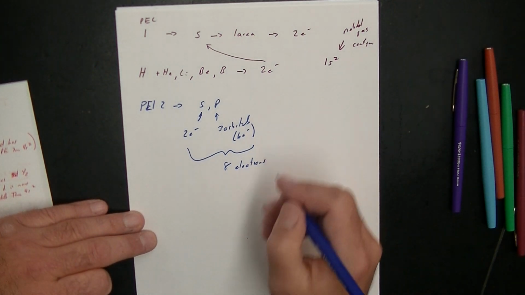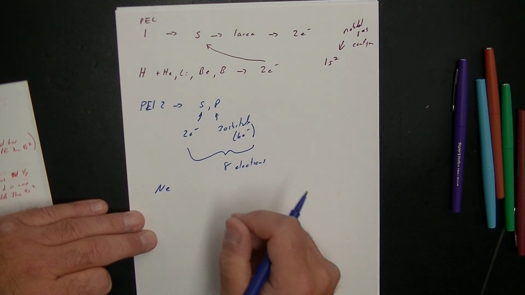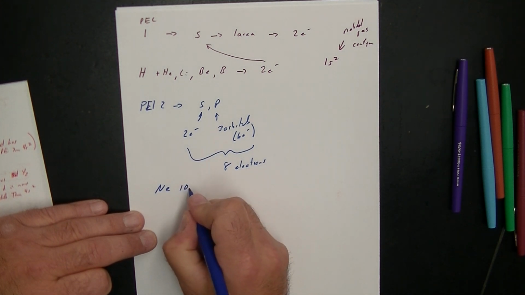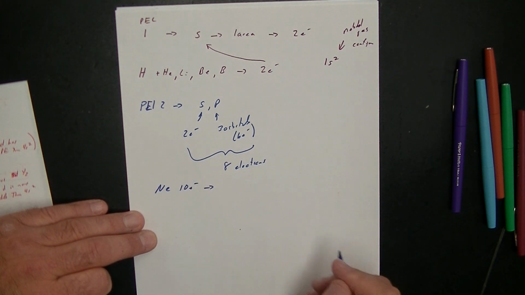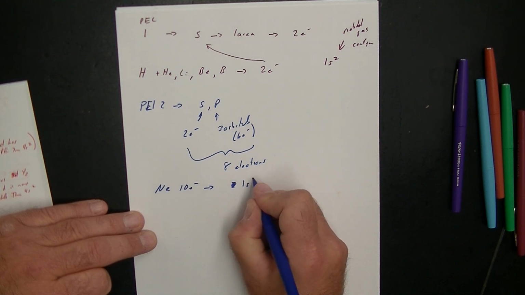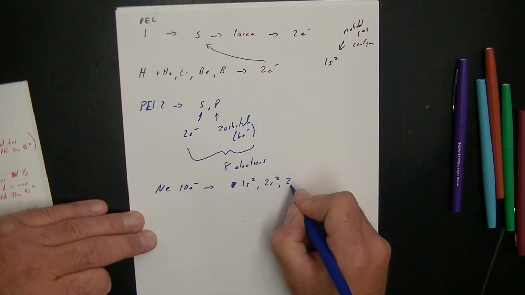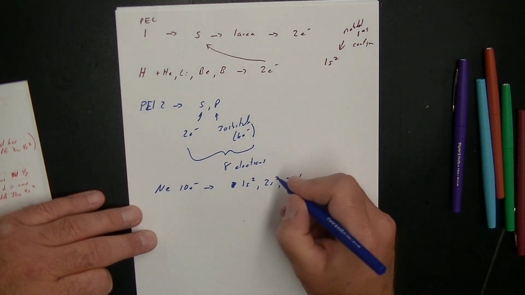Now if we look at neon, neon has 10 electrons, and its electron configuration would be 1s2, 2s2, 2p6.